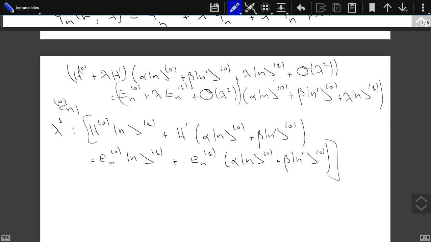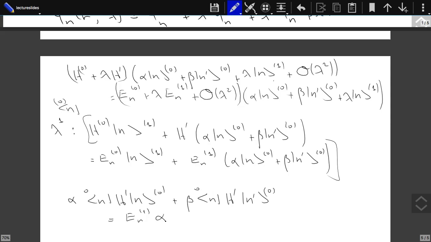So what is left is alpha ⟨n0|H'|n0⟩ plus beta ⟨n0|H'|n'0⟩. This should be equal to En1 times alpha.